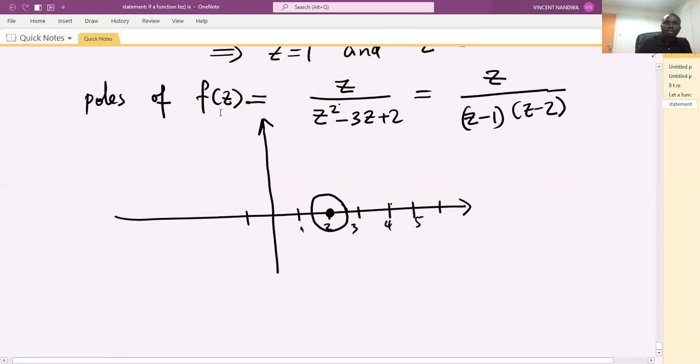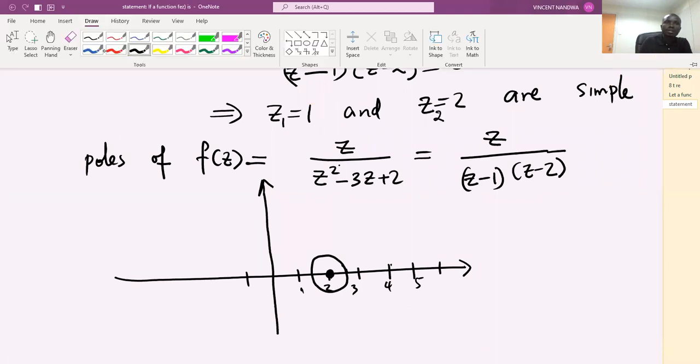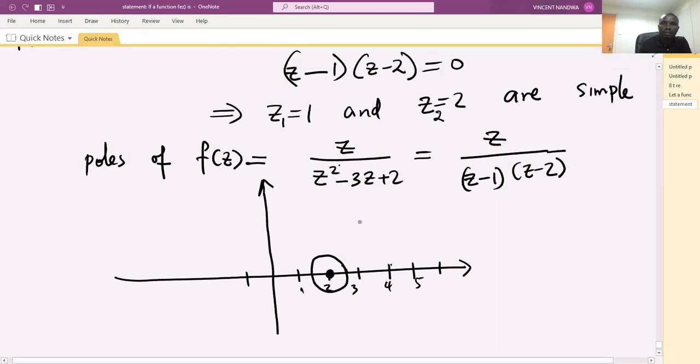If I call the poles Z1 and Z2, then you see that of these poles, Z2 is within, and Z1 is outside.